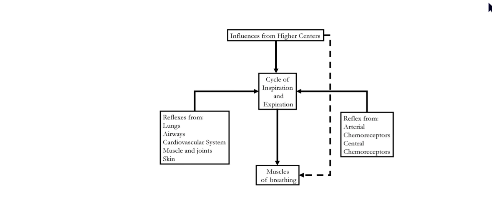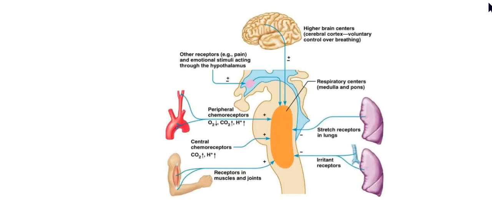You will have some reflexes from peripheral chemoreceptors and central chemoreceptors, and you'll have other reflexes that have to do with stretch or irritation, changes in temperature, any kind of changes in pH. All of these are going to signal to that respiratory control center to ramp up or depress your breathing rate.